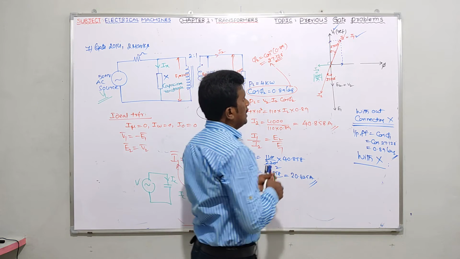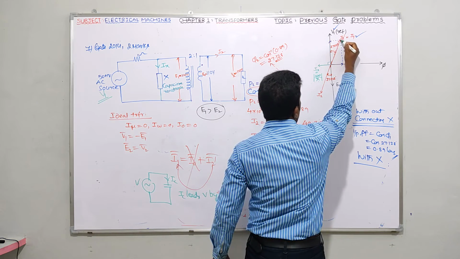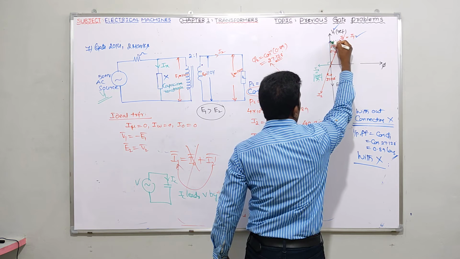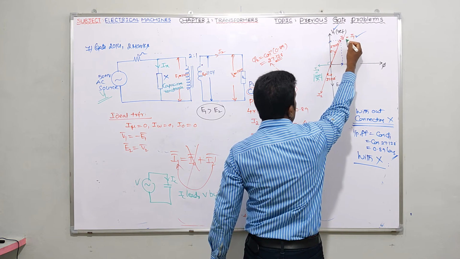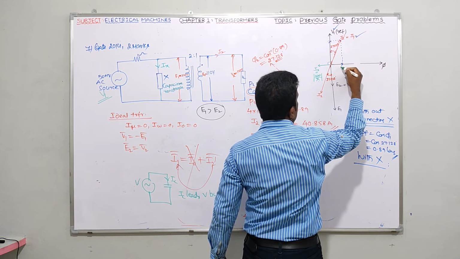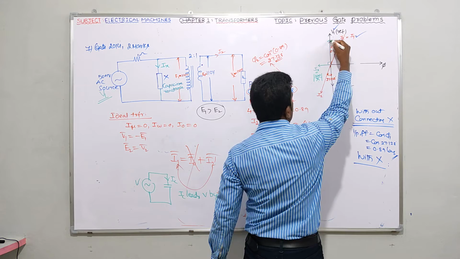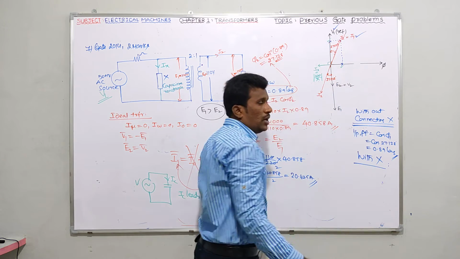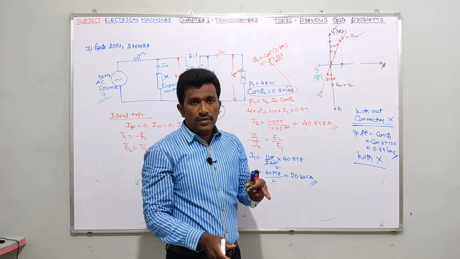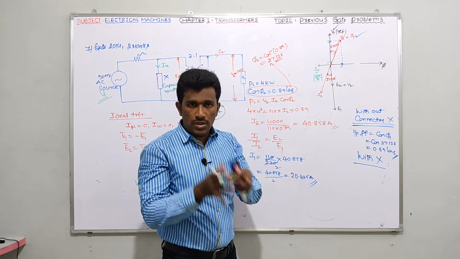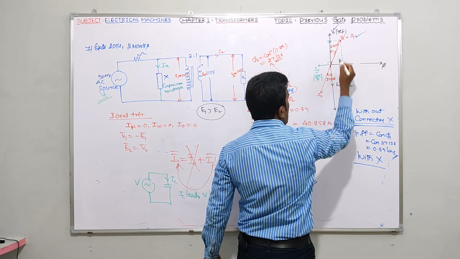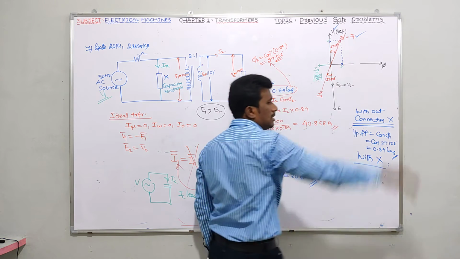What is the meaning of that? That means your I1 current has to come from this point to this point. Actually, I1 current has a vertical component and a horizontal component. If you want to improve the input power factor to unity, the angle between V1 and I1 should be equal to 0. That means this I1 vector has to come this side, which means the horizontal component should cancel.